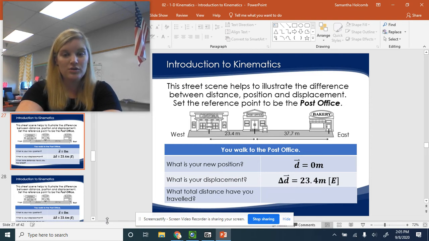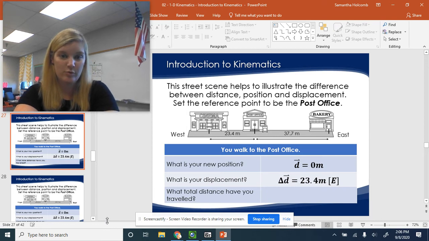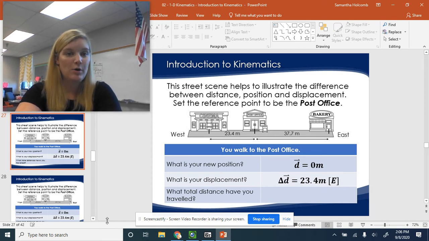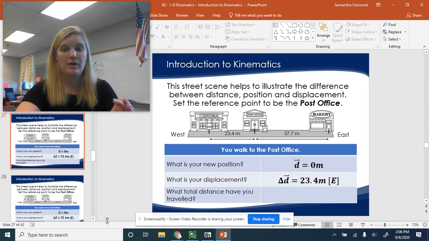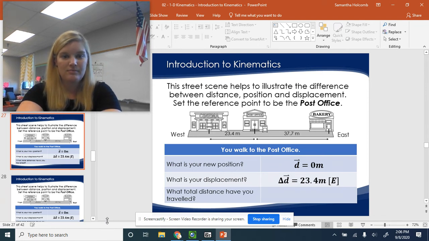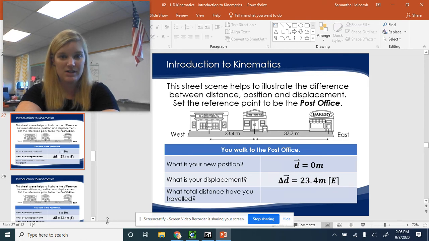So our total change from our starting point at the movie theater to now the post office is we've walked 23.4 meters east. And our total distance we've traveled, so our distance is what our Fitbit is measuring, is 23.4 meters. And our Fitbit doesn't care what direction we're going in.